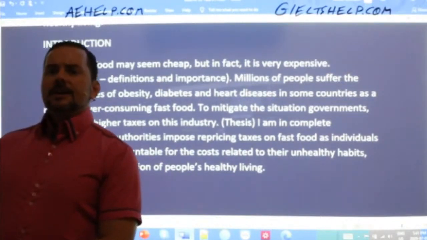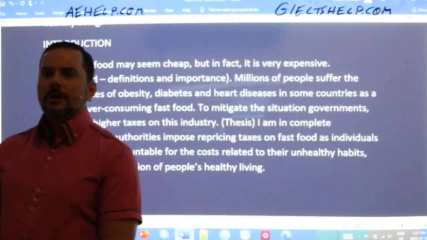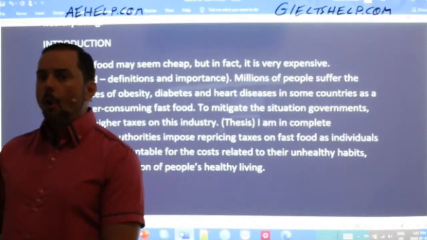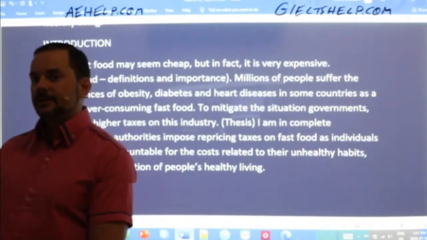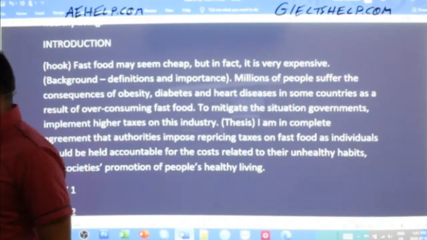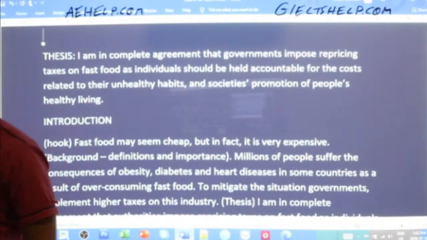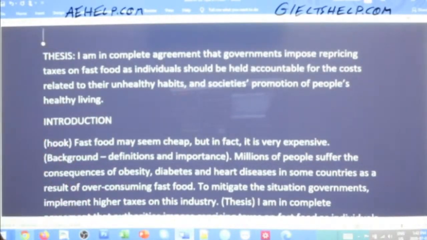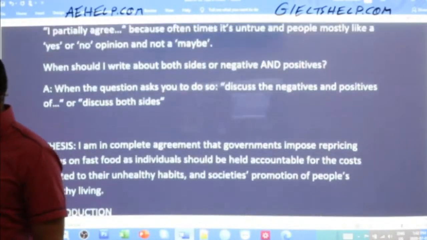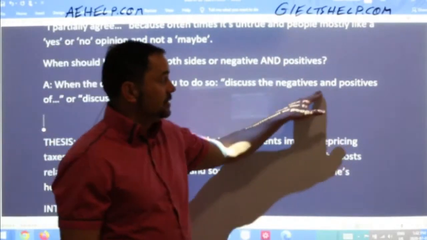Yeah, Abhishek, negative, positives, advantages, disadvantages, those are synonyms. But if it's or, that's not and, right? So advantages or disadvantages is usually one side because it's not and. So be really careful with the connective word, right? In the question here, it says discuss the negatives and positives.